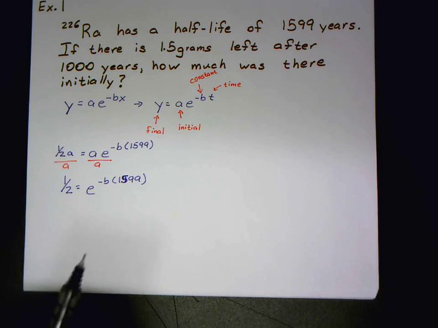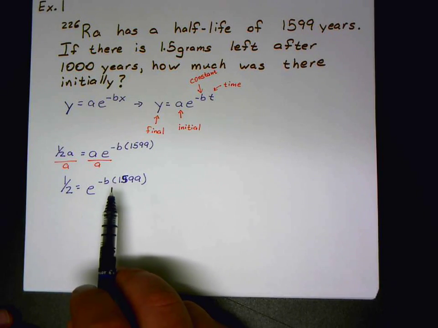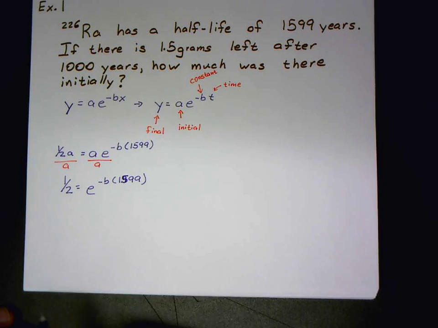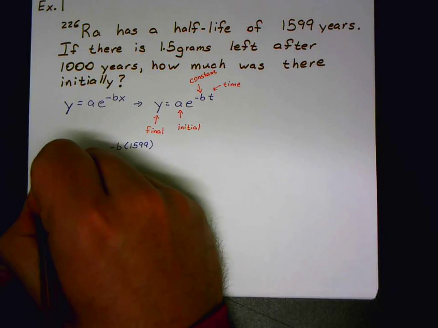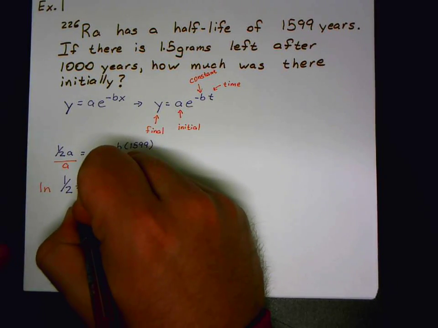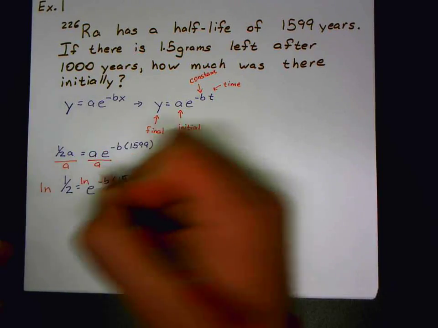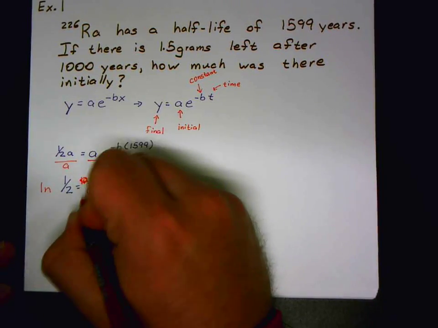Okay, so this is an equation like yesterday. I need to find the variable up here. How do I get rid of the exponential? By using log. So what I'm going to do, to get rid of an e, I'm going to use ln. I don't want that up there. I want it in front of it.